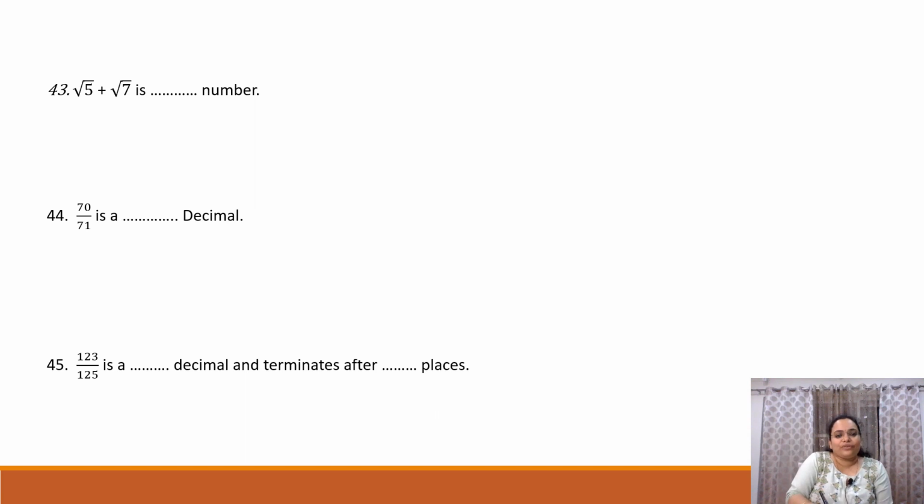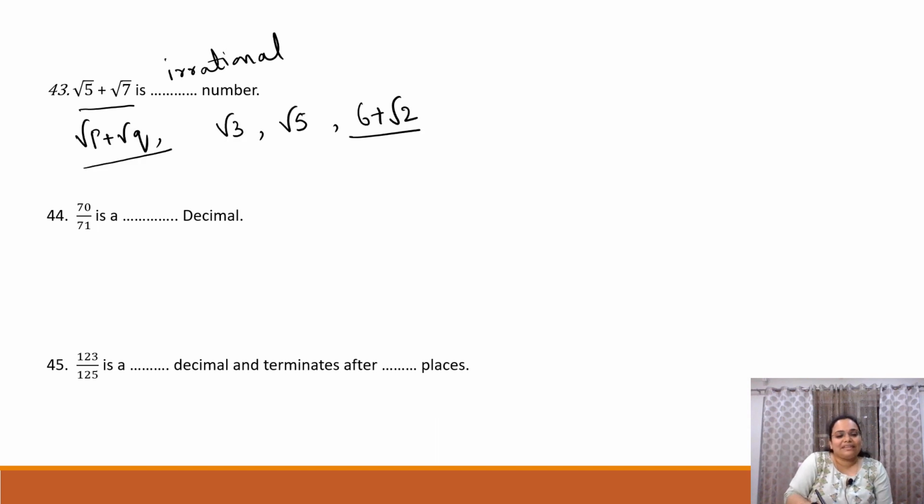Now let's see. Root 5 plus root 7 is a dash number. By seeing the question we can say root p plus root q is an irrational number. In the same way, it is an irrational number. The next one is 70 by 71 is a dash decimal. If you observe carefully, 71 is a prime number.